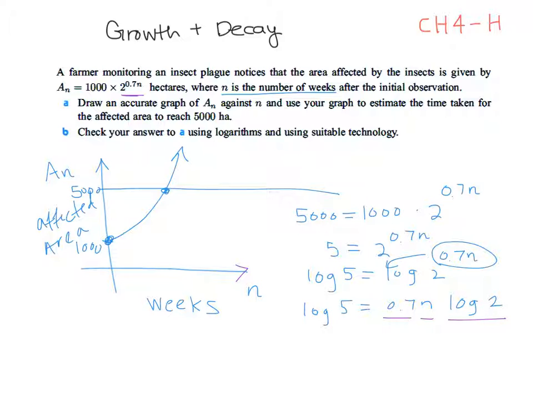So if we divide by 0.7 log of 2, we are solving for n. So n is equal to log of 5 divided by 0.7 log of 2. Calculating this on your graphing calculator, you get n is approximately 3.32.